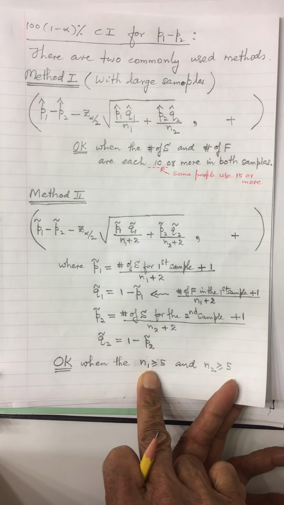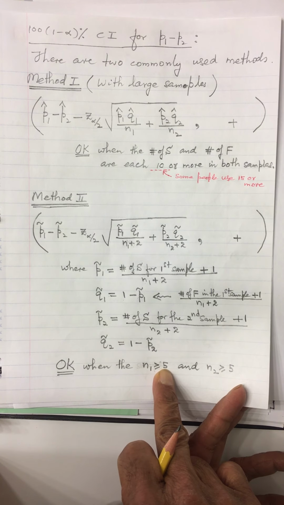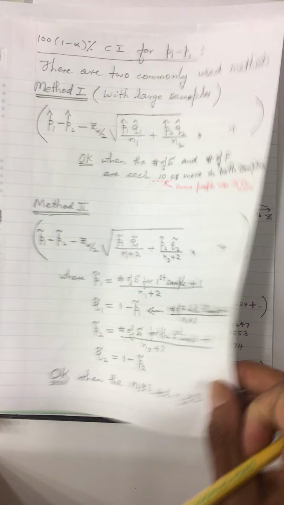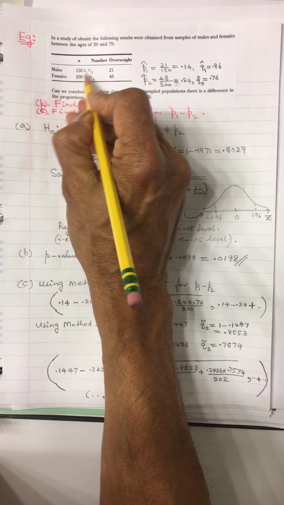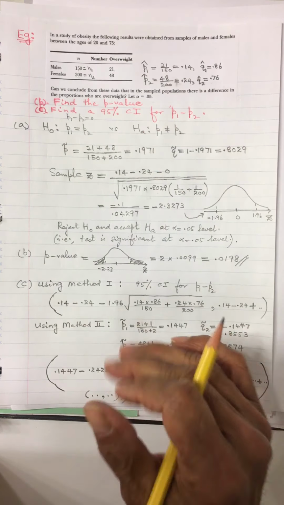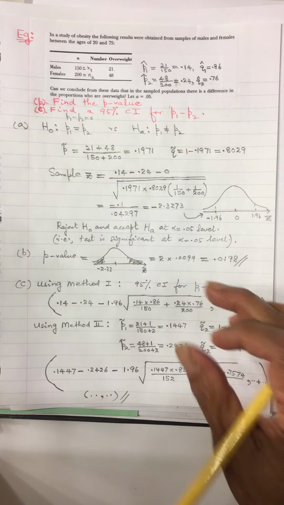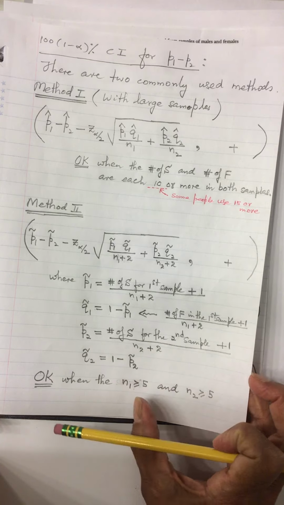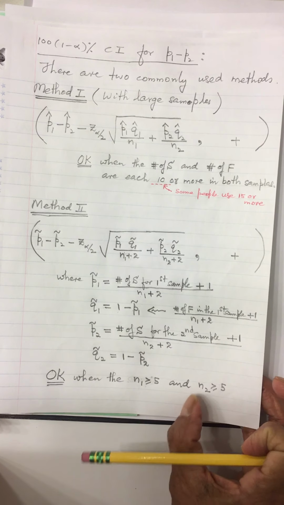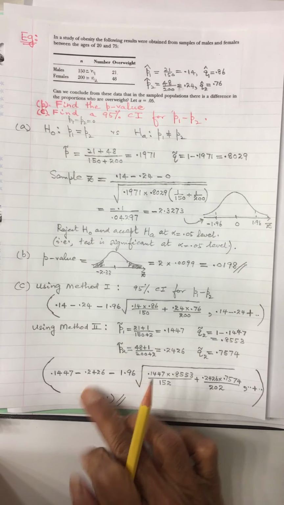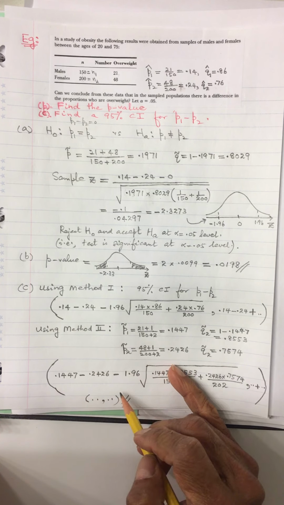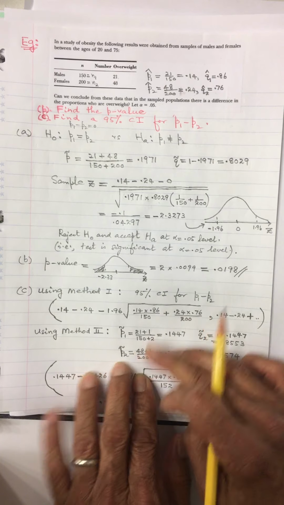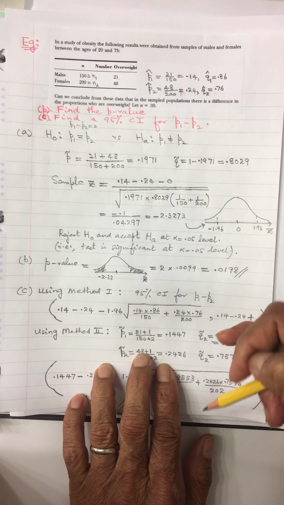See, remember that here N1 is 150 and N2 is 200. These are humongous compared to a small sample, so there's no issue with this first method. If you have a small sample, this is what you've got to use. Here, all you have to do is figure out P1 tilde. The reason I did that is so you can look at what I'm doing.